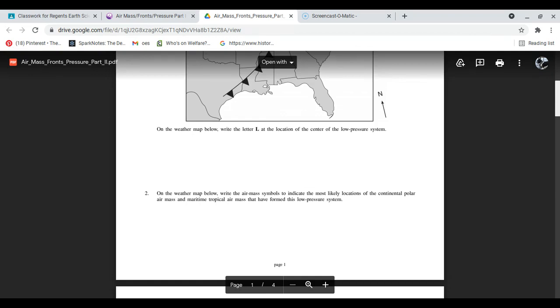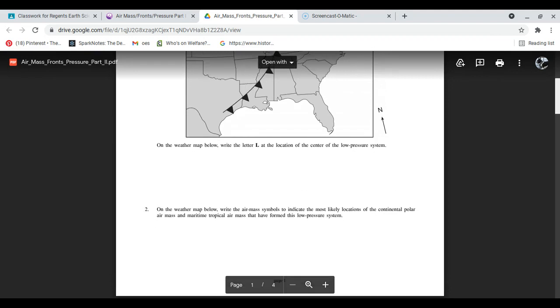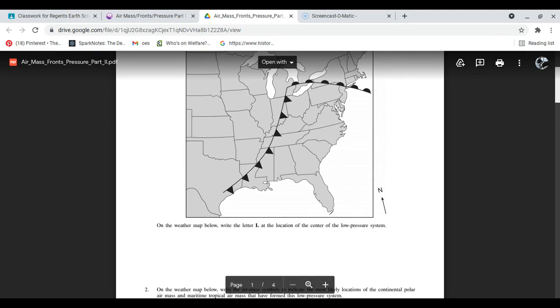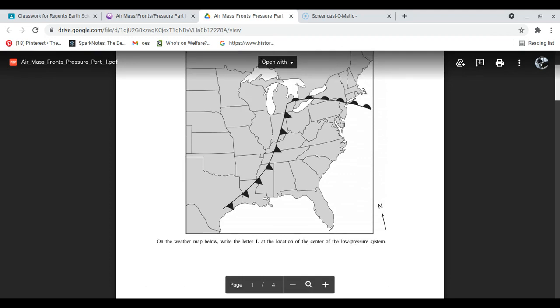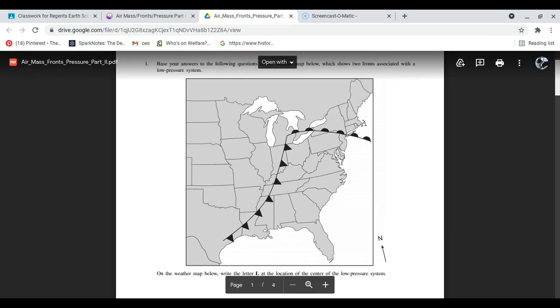Yeah. Okay, let's see. It says, on this weather map, write the air mass symbols to indicate the most likely location of the continental polar air mass and the maritime tropical air mass that have formed that low pressure system. So you're going to look for a cP and an mT. Where would you put each one of those? Just do it right up on the map.